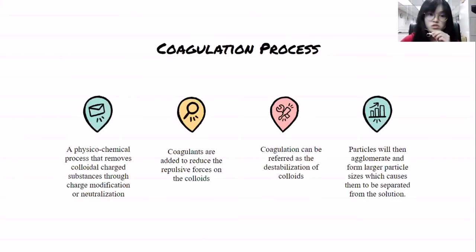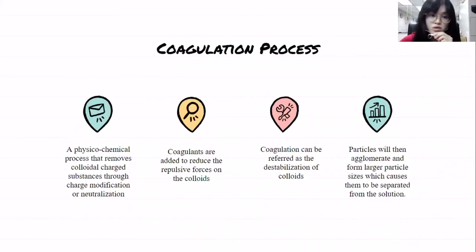Hence, the coagulation process can be referred to as the destabilization of colloids that otherwise appear in a state of stable suspension. This process is commonly used to treat wastewater in chemical, pulp and paper, tile and textile, petrochemical, pharmaceutical, food, mineral processing, and metal industries.